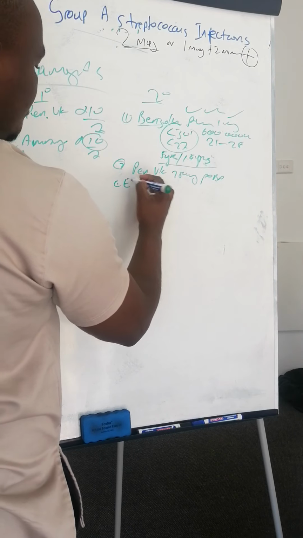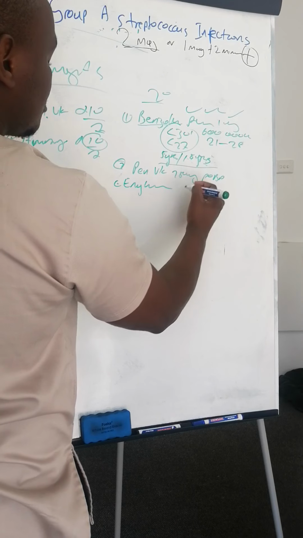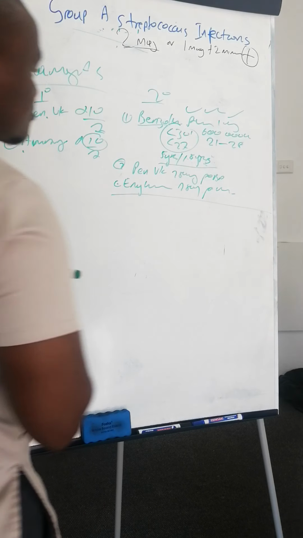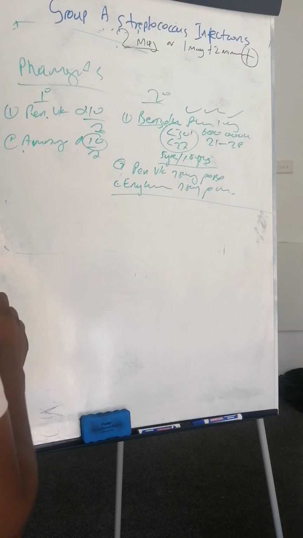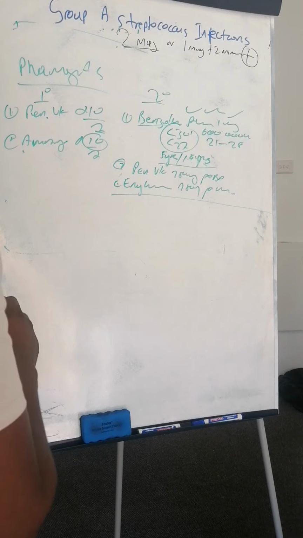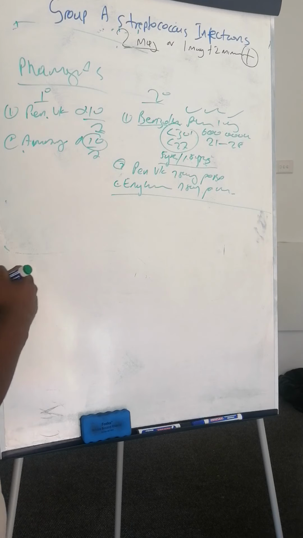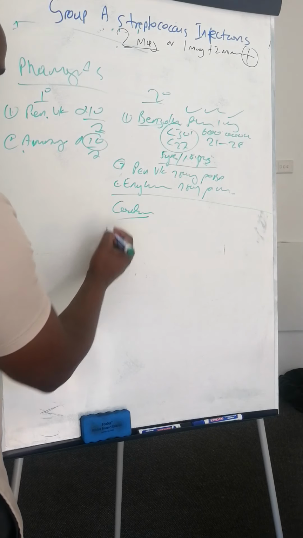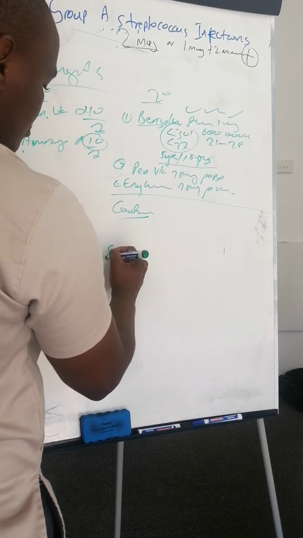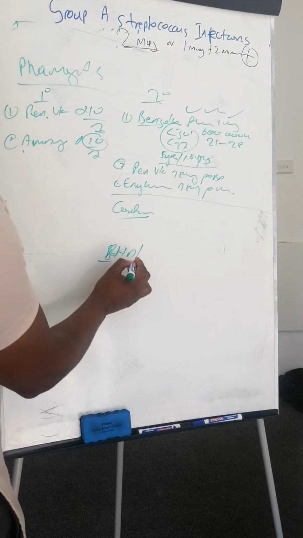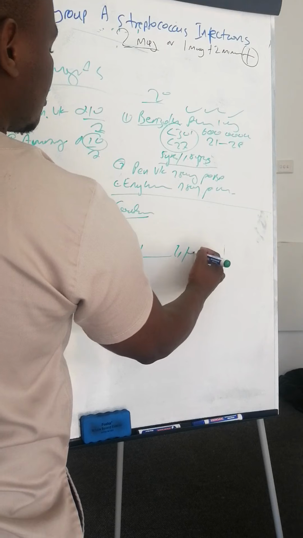Or you can give erythromycin 250 milligrams per os BD, same duration. Now things change when someone has had carditis. It also changes when someone did surgery, or they've got proven RHD, they did surgery. So this one is lifelong with these ones, lifelong.